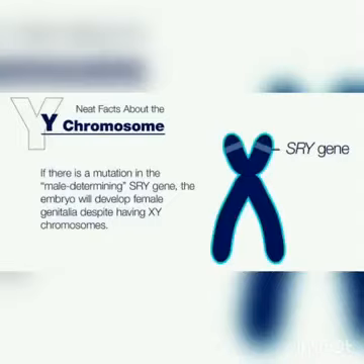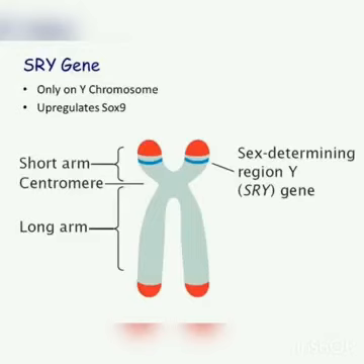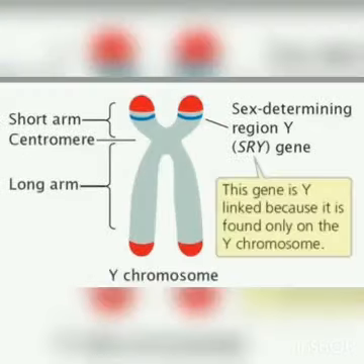Functional genes are euchromatic, true, and non-functional genes are heterochromatic. Within the euchromatic region is a special gene called sex determining region Y, SRY. In humans, absence of the Y chromosome inevitably leads to female development, and this SRY gene is absent in the X chromosome.